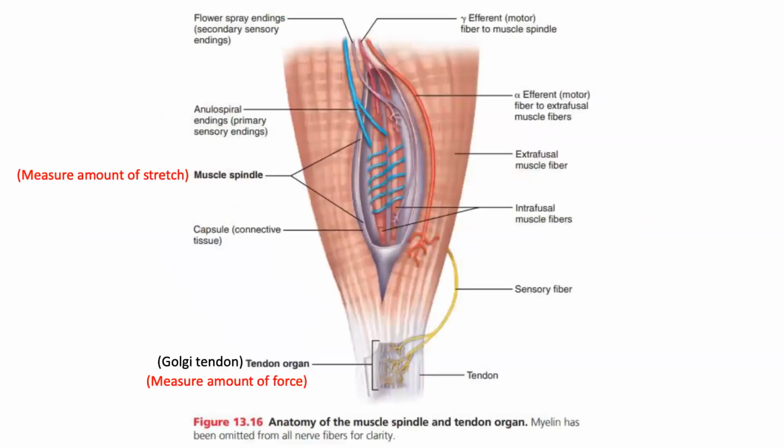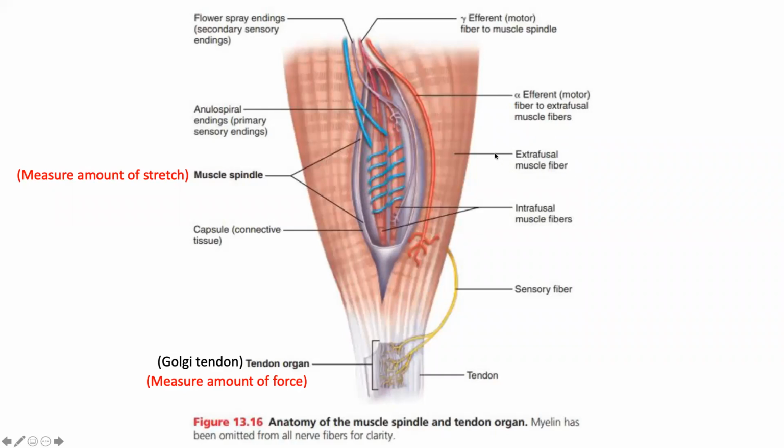Now, if we look more closely, this is the muscle bulk, which we see with our eyes, and this muscle bulk gives us contraction and relaxation, shortening and lengthening of the muscle. Those muscle fibers are called extrafusal muscle fibers.